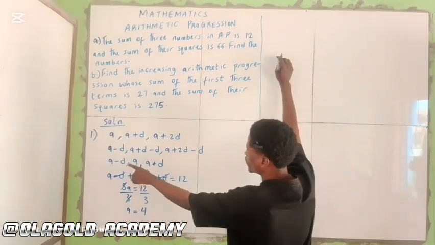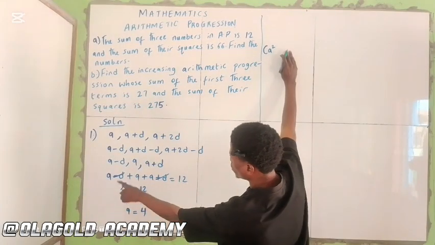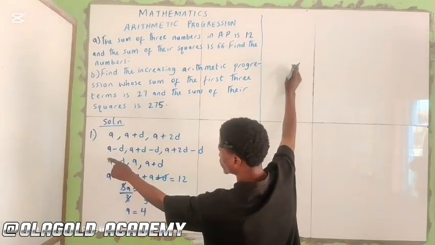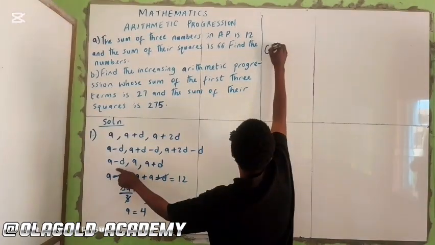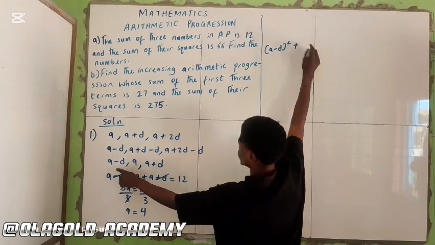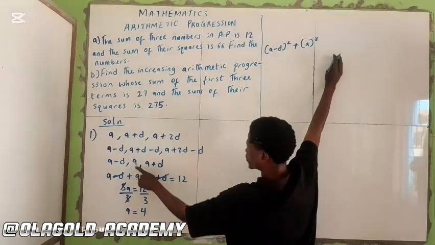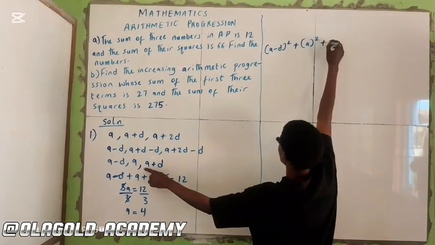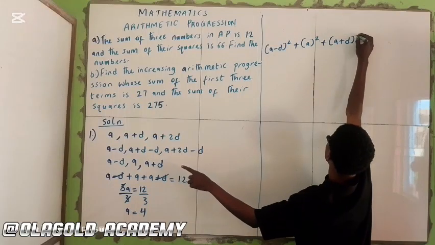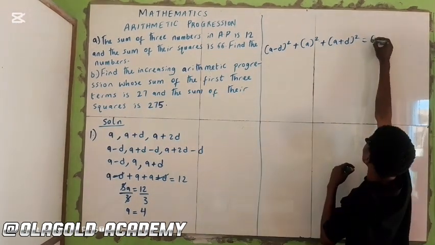We are going to have the first term, which is A minus D, squared, so A minus D squared, plus A squared, plus A plus D squared, which will give us 66.